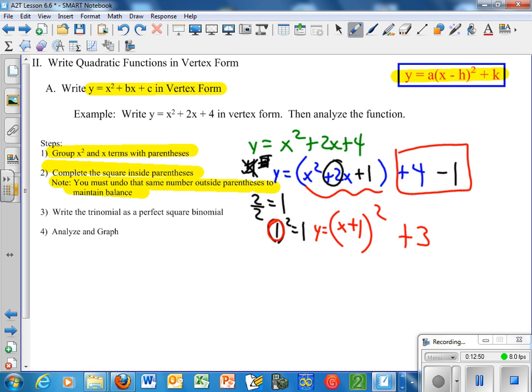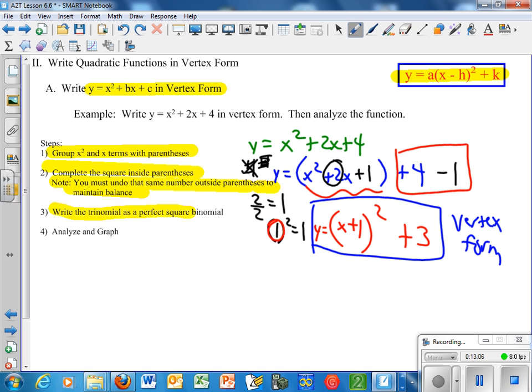So here's what I'm looking at. This is now in vertex form. So we wrote the trinomial as a perfect square binomial.